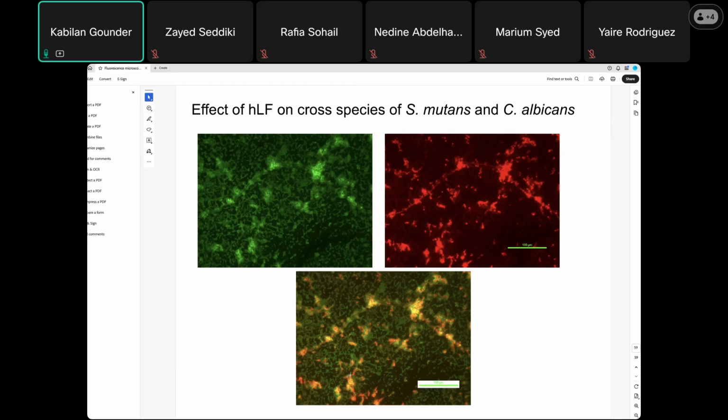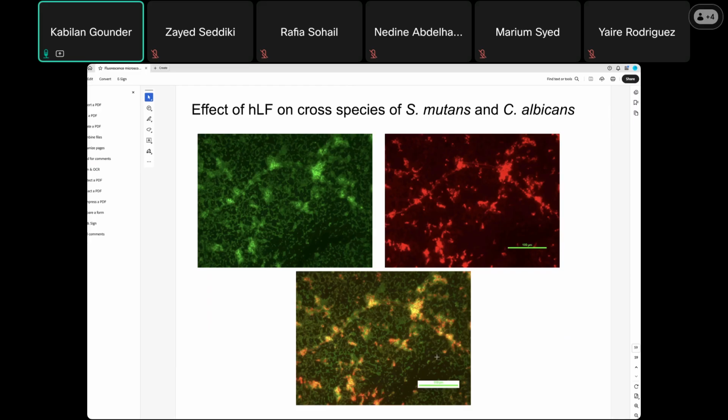Here you can see a lot of hyphae, which is Candida albicans developing, and a lot of the Streptococcus mutans are killed, but you can see many spores, and it also reduces the number of hyphae.